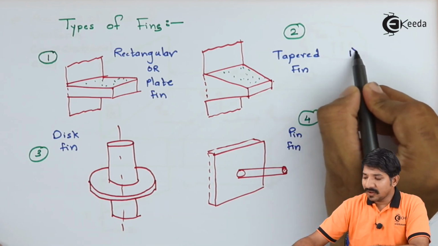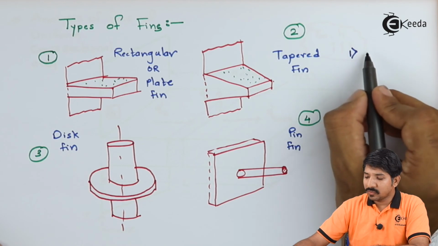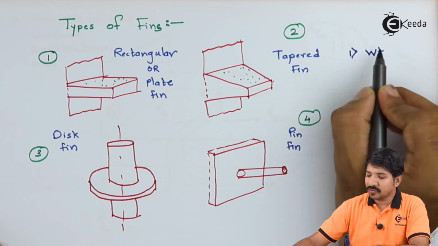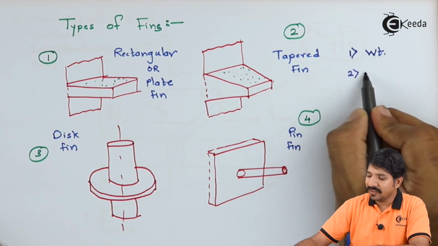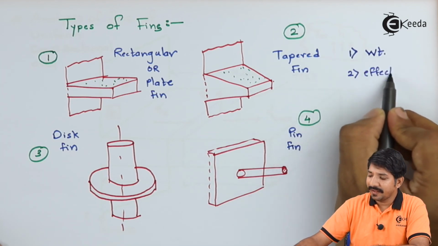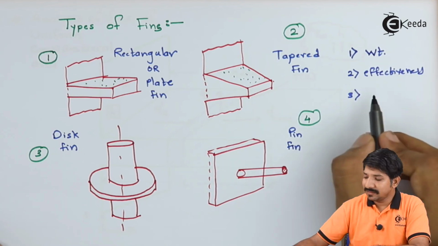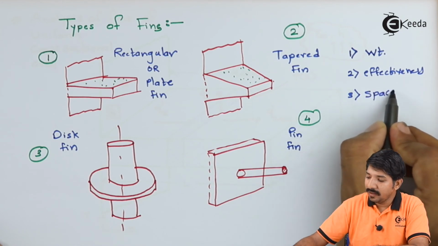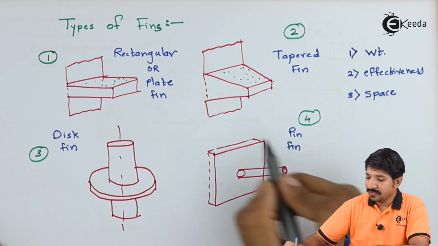Now the selection of the type of fin can depend on so many parameters. Let us write down a few. The first one is the weight of the body. The second one is the effectiveness required. The third one is space available. So based on space also we can go for the selection of fin.